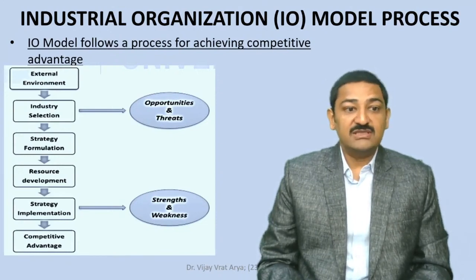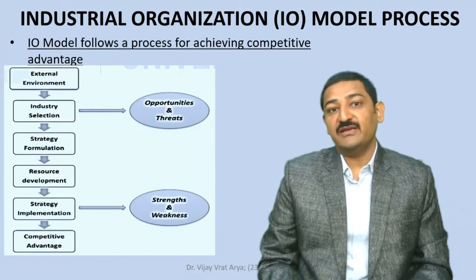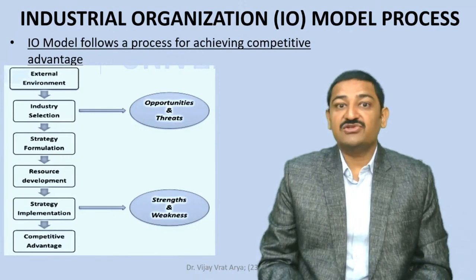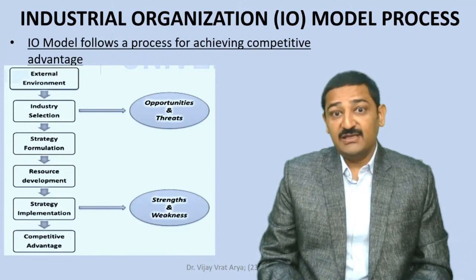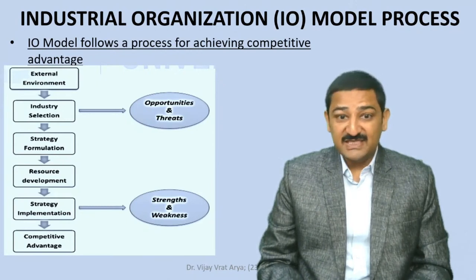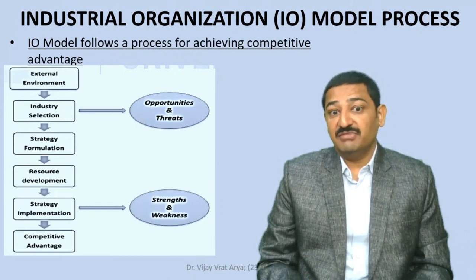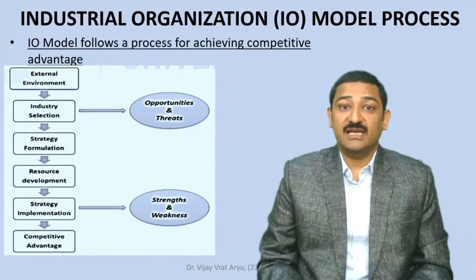Once you have zeroed in on a specific industry, then one needs to formulate the strategy pertaining to that industry. After that, resource mobilization and resource development need to be taken care of. And based on that, a specific strategy from the different strategies available or defined needs to be selected and implemented.